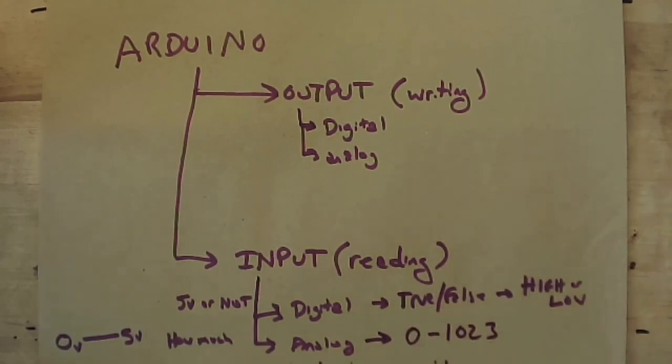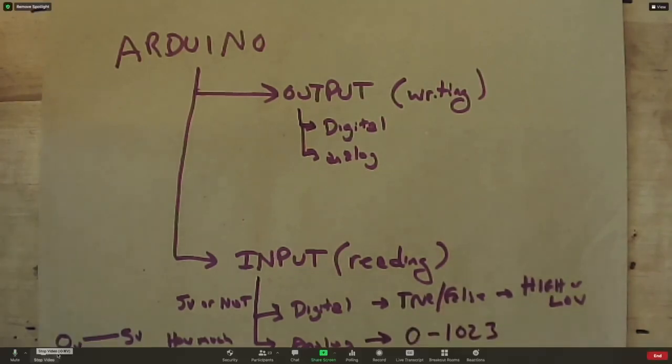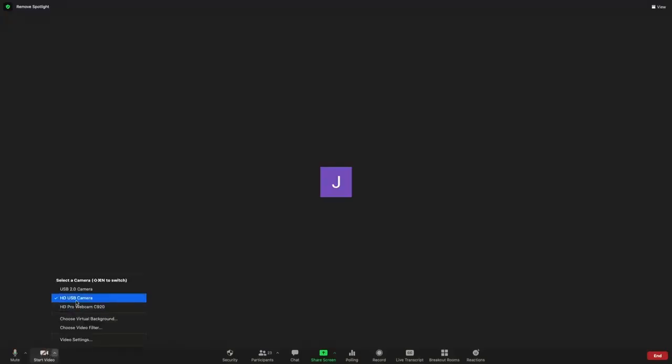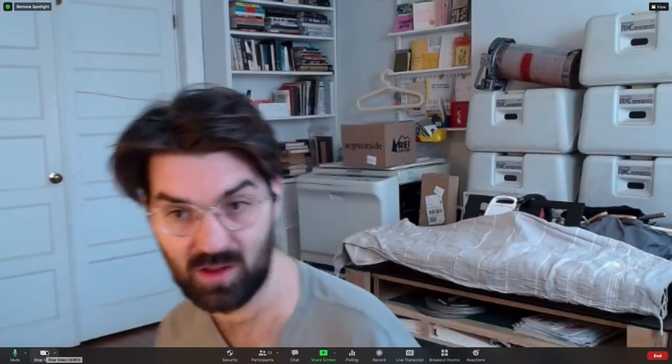In the same way that with our work with P5, we can see the position of the mouse. That's kind of like more of an analog type of data in this sense, where we can see a spectrum of values, and it's turned into a numerical value.